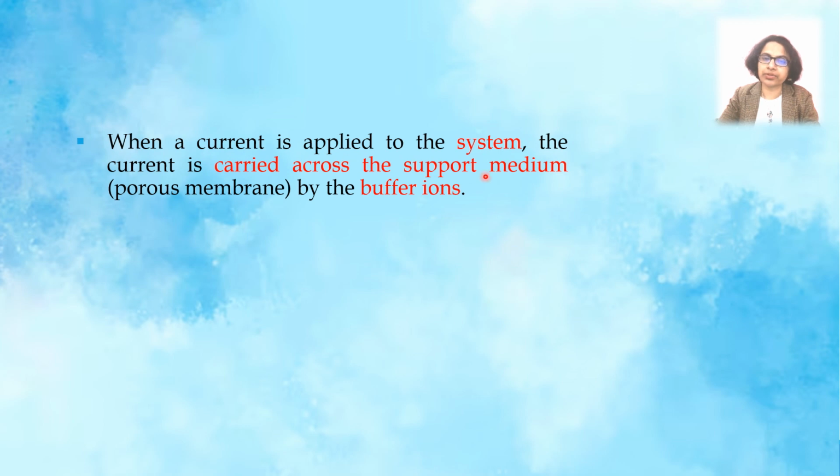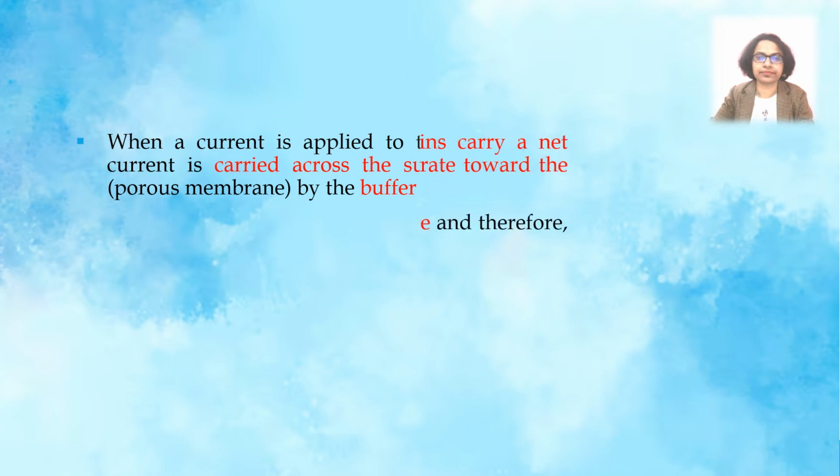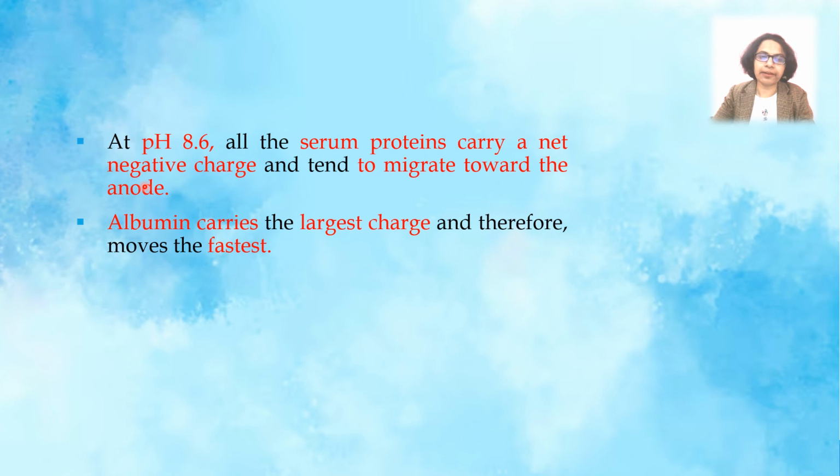When a current is applied to the system, meaning the machine we are using, we are applying current or electricity and creating an electric field. The current is carried across the support medium by the buffer ions. So what kind of buffer are we using here? Barbital buffer, which maintains the pH level of 8.6. At pH 8.6, all the serum proteins carry a net negative charge and tend to migrate toward the anode.